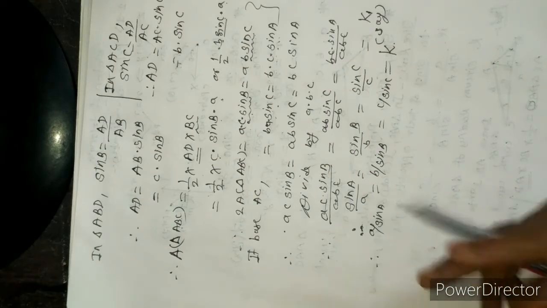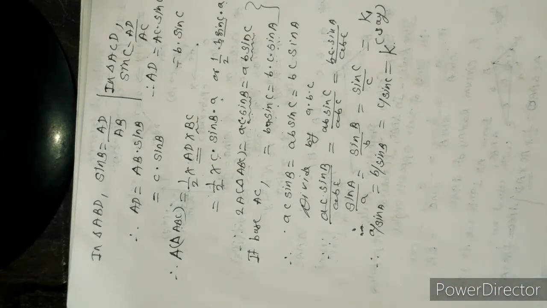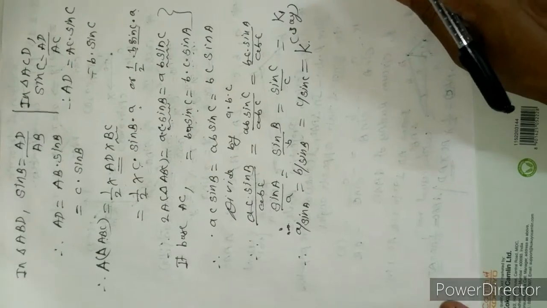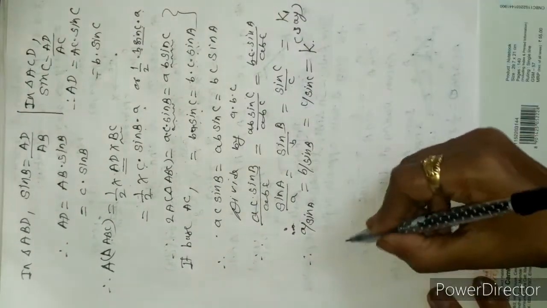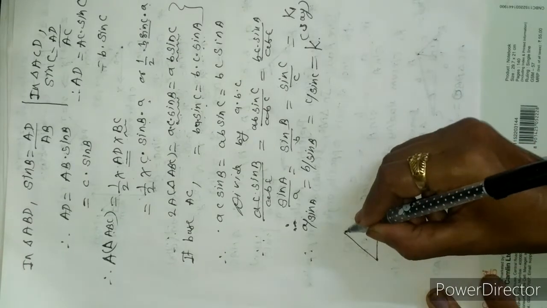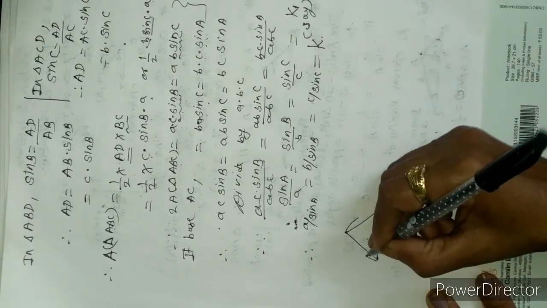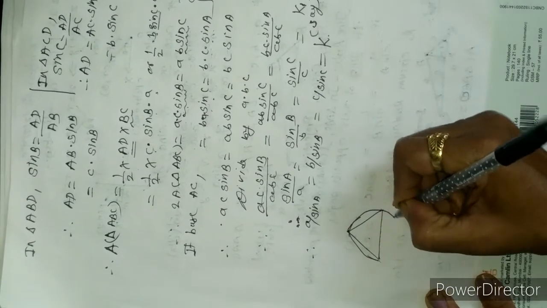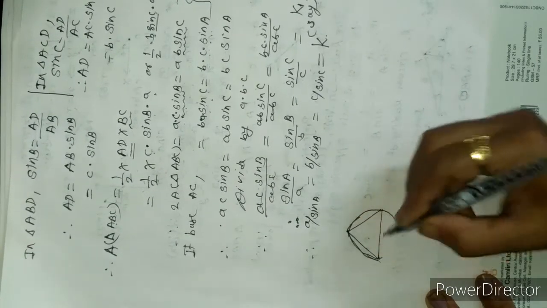But now we show that this constant is the length of the diameter, twice R, by drawing the circumcircle. For this we consider the triangle ABC, and for this triangle we draw the circumcircle. You already know the procedure of drawing a circumcircle by taking perpendicular bisectors.